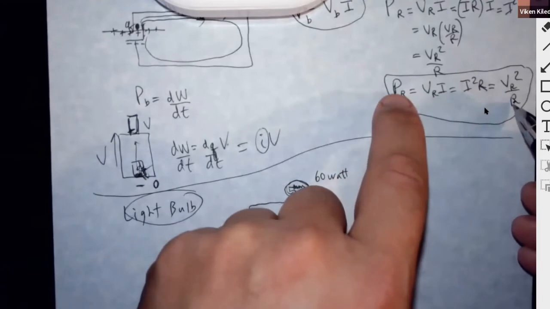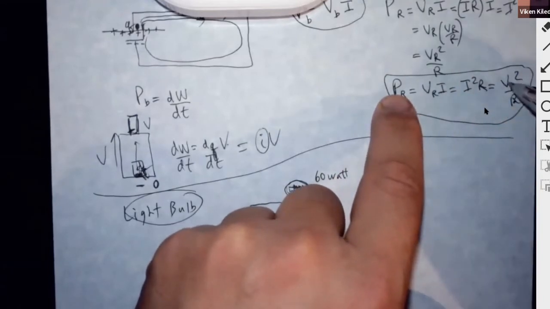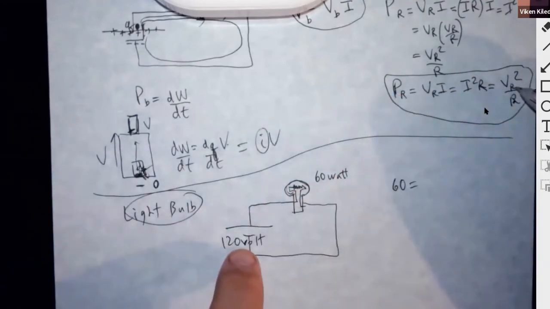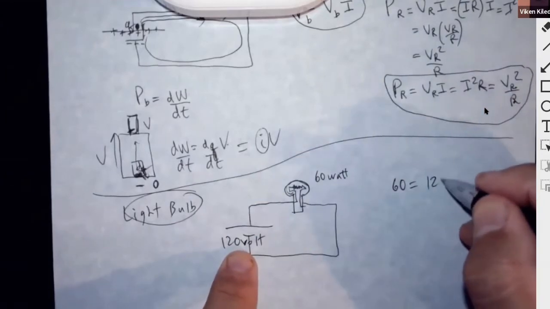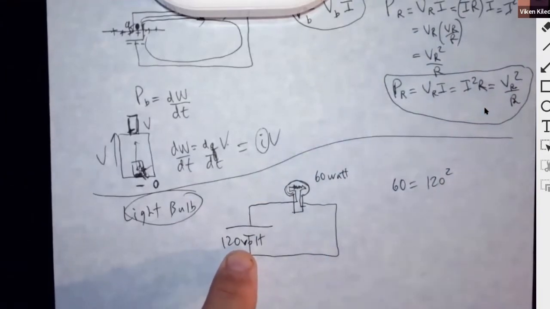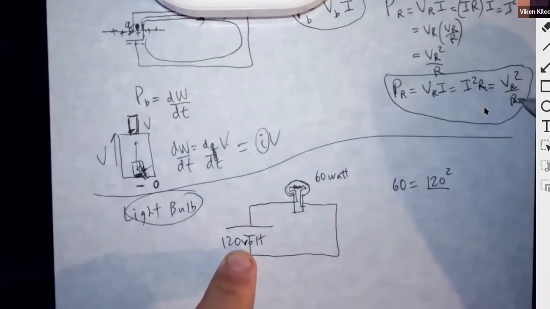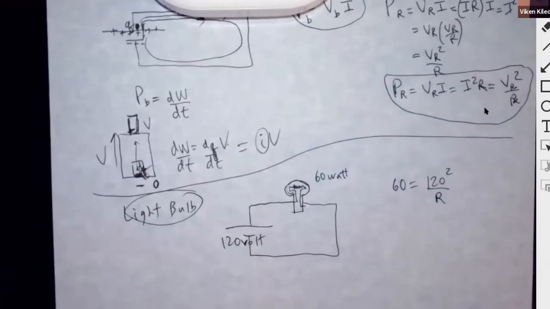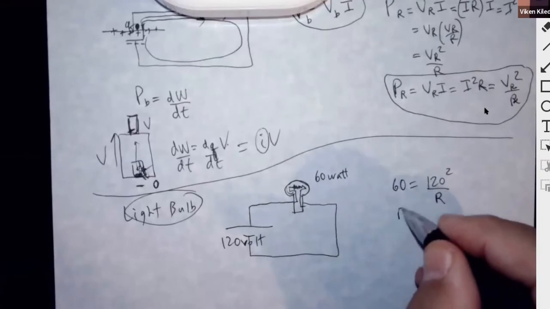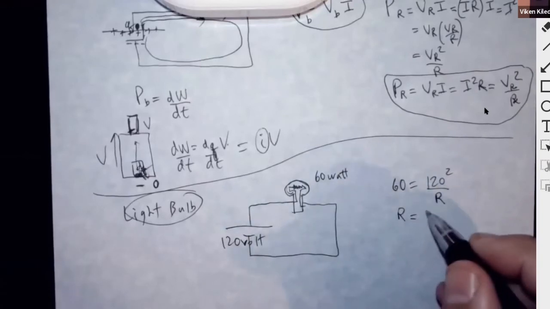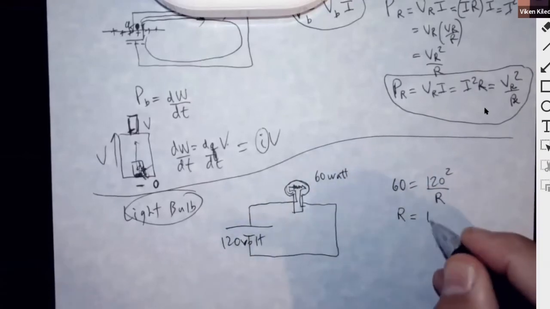Well, the power is 60, and the voltage, it's intended to run at 120 volts. So 120 squared, divided by the resistance, and then we can calculate the resistance of the circuit. So this is the resistance of the 60 watt light bulb.